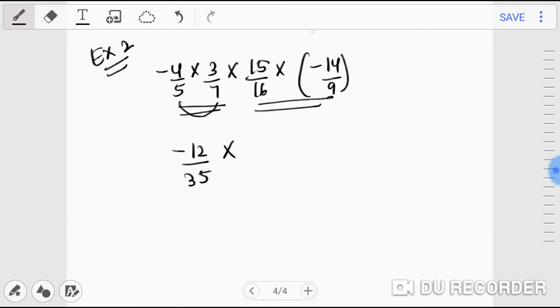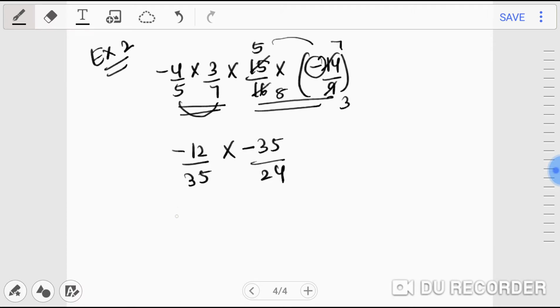Then again numerator to numerator, if you want to multiply, you can reduce also. 3 3s are, 3 5s are, and 2 8, 2 7. Like that you can also reduce. So you will get 7 5 35, but here minus sign is there, so you have to carry your minus 35, and down 3 8 24.